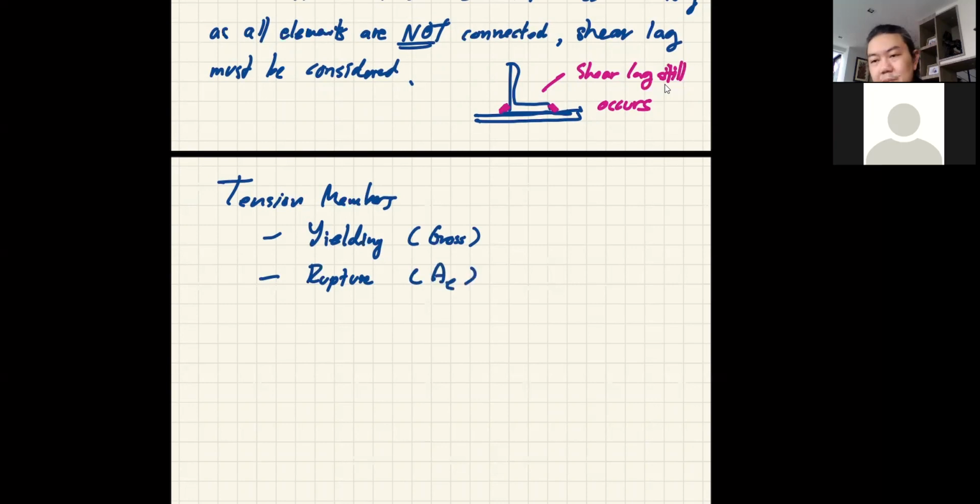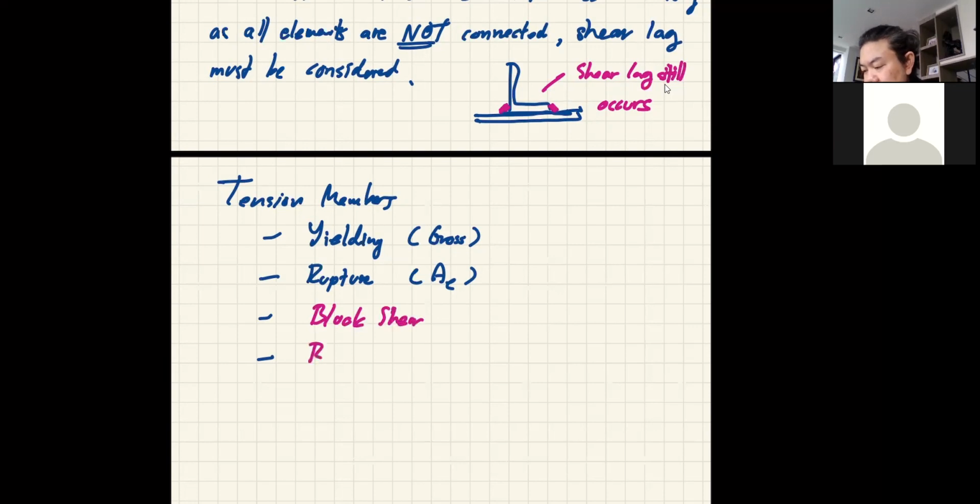Okay. In fact, when we talk about tension members and there are holes in it, there are two additional failure modes, but this will be mentioned in the connection part, so just gonna leave it here. But we will not consider this now.